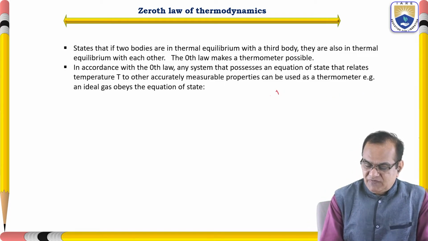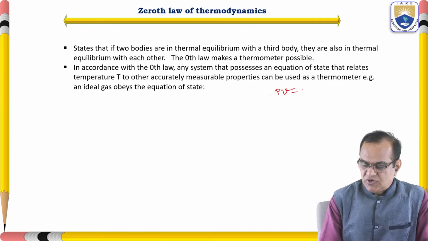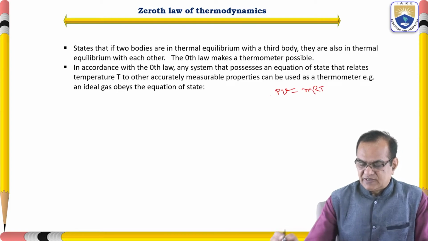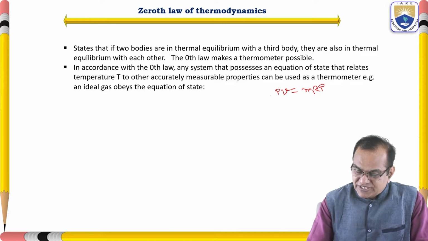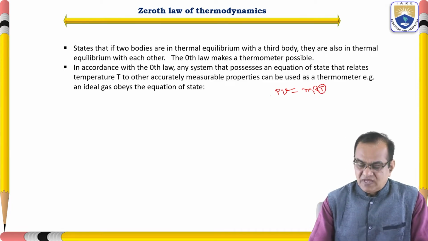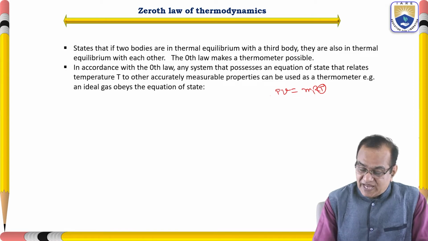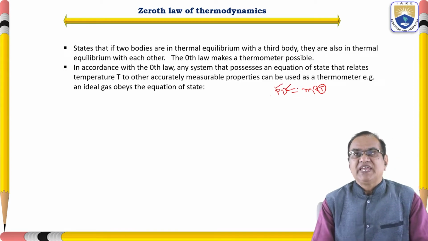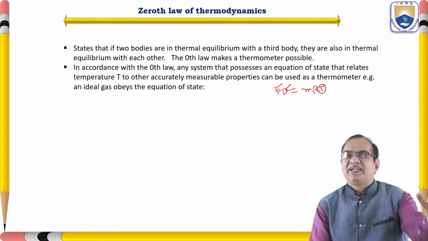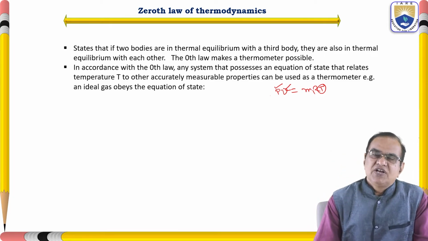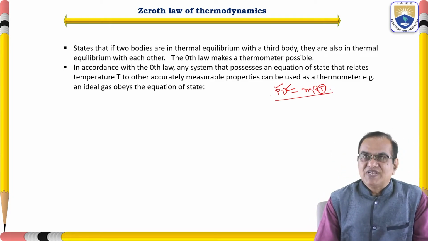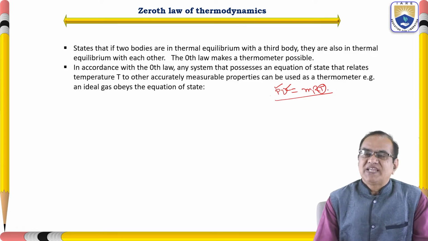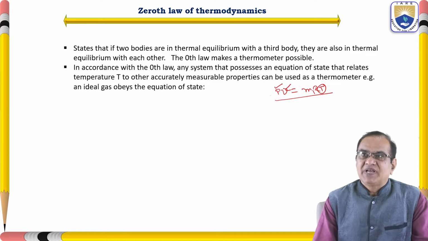So, we know that PV is equal to mRT. So, if you know this T, the temperature, we can measure it by the P or by the V. Anything we can vary, and this will be directly related. This principle, the state equation, was used to measure the temperature of any given gas, because R is constant and m is constant.